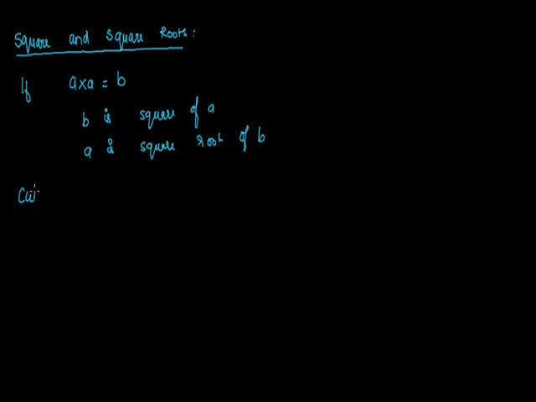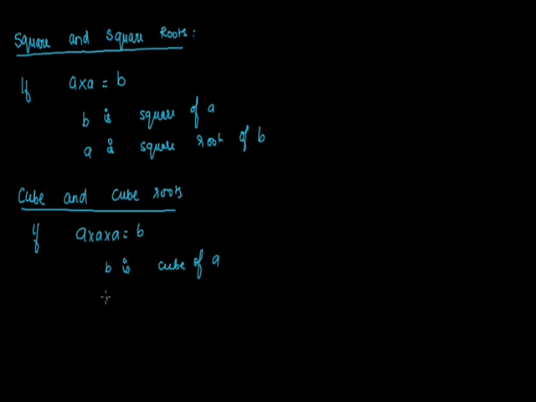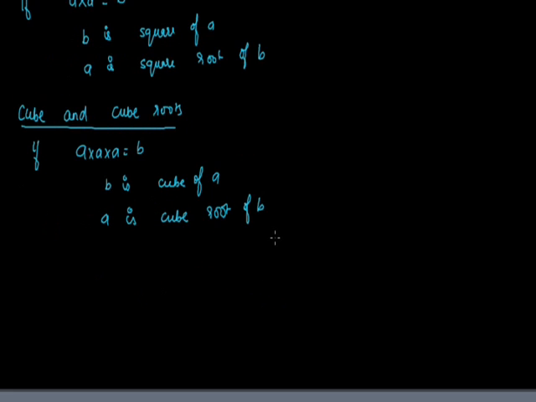Similarly, we have cubes and cube roots. If we have a into a into a equal to b, then we can say b is the cube of a, or a is the cube root of b. Now we'll see a problem based on this.